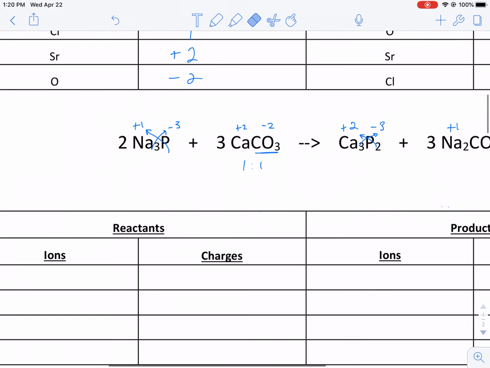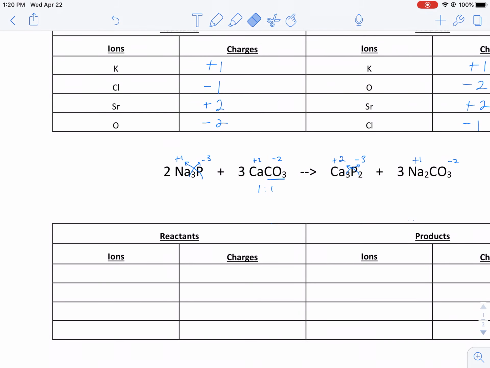Now, when I start writing down my ions and I have a polyatomic ion, I have to write down everything. So my ions are Na, P, Ca, and CO3. Over here, same thing, it's Ca, P, Na, and CO3.